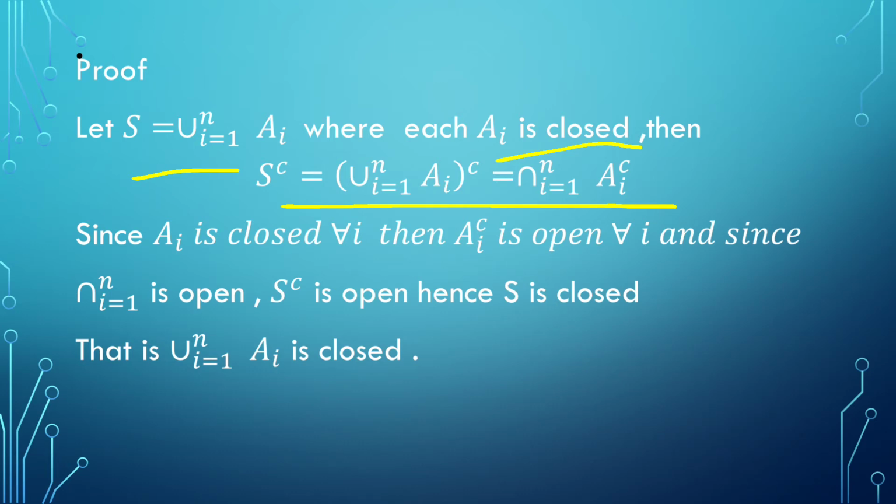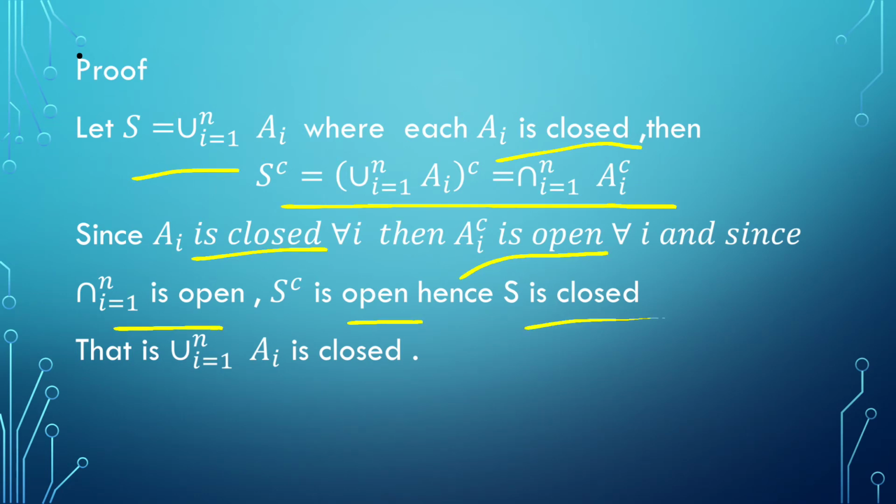So since the A_i are closed for all i, it will mean the complements of the A_i are open for all i. And since the intersection of these is also open, it will mean that the complement of S is open by that relationship, and S is closed.